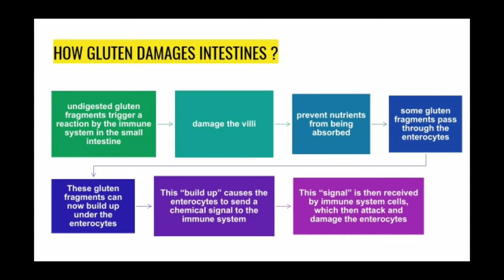So this is why it is called an autoimmune disorder, because our own immune system is attacking our cells, and it is a chronic digestive disease because it is damaging the small intestine, which plays a role in absorption of nutrients. If intestine is damaged, absorption will decrease, the health of the person will decrease automatically, and several symptoms will be caused which will affect the overall health of the patient.